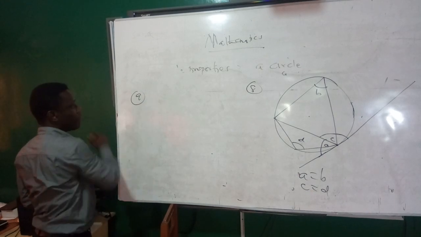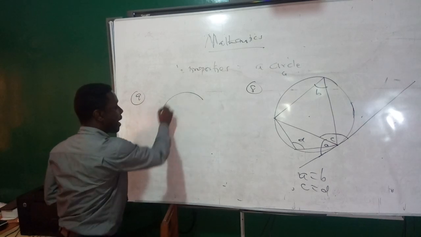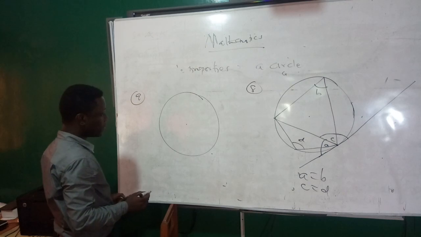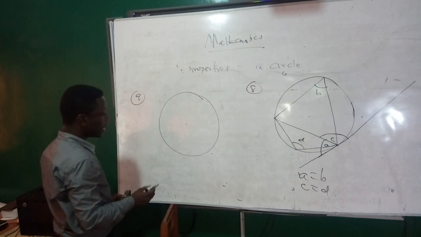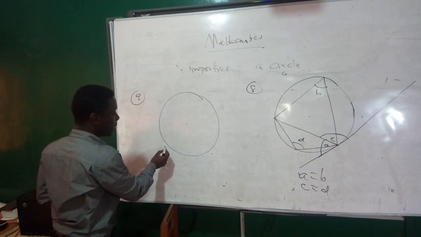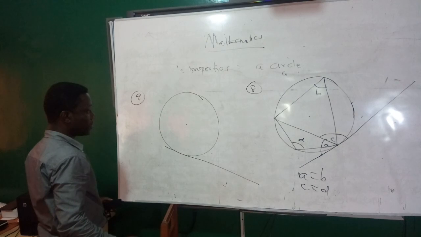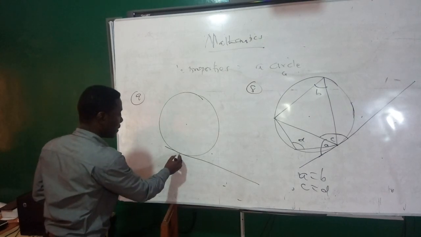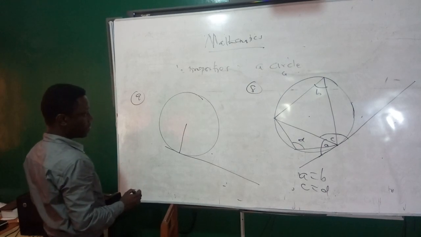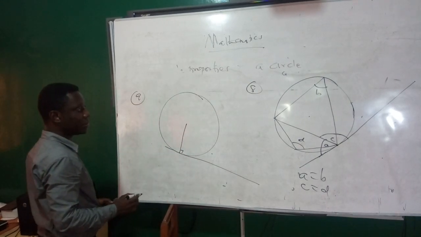What we are saying is, if I have a circle with a center, and then I have this time two tangents. So I have one tangent at this point. Now this angle is supposed to be 90.